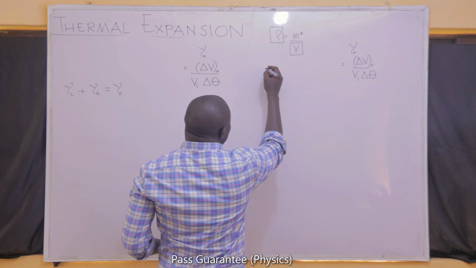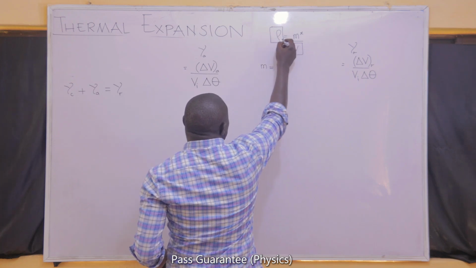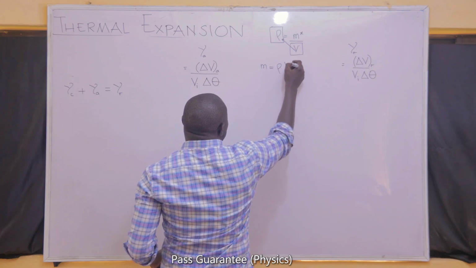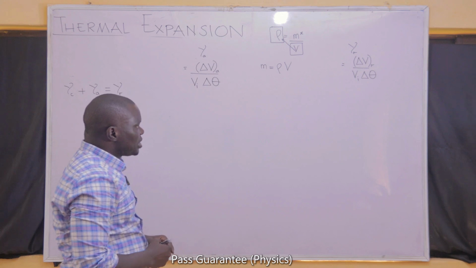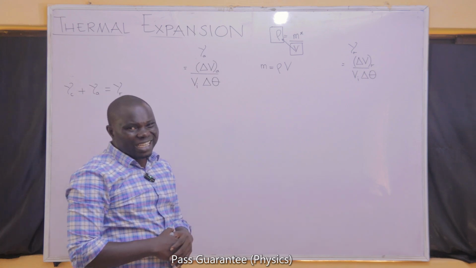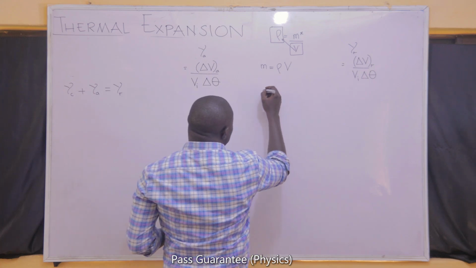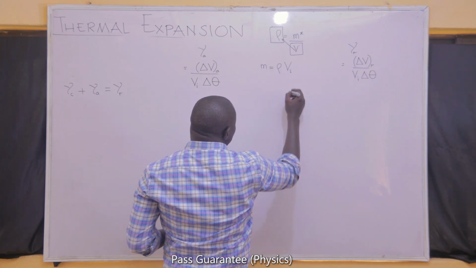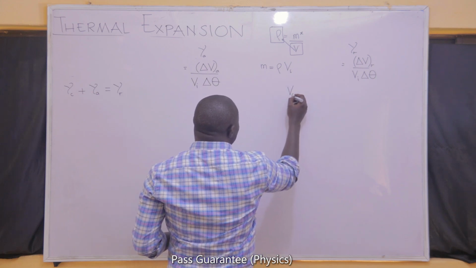So what I'm going to do here is make the mass of the substance the subject of the formula. Mass of the substance becomes the density of the substance multiplied by the volume of the substance. Now let us assume that we have heated the substance. Before heating, we expect the substance to have an initial volume. After heating, we expect it to have a final volume.